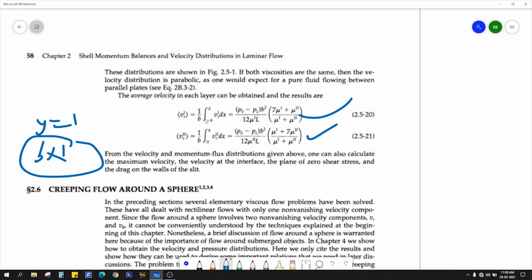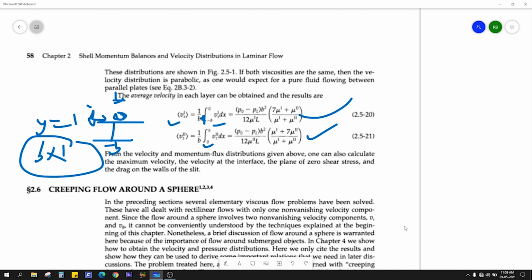Since this was the coordinate system, for fluid 1 you have to integrate from minus b to 0. Similarly, for fluid 2, you have to integrate from 0 to b. So you have got the average velocity as well as the profiles.